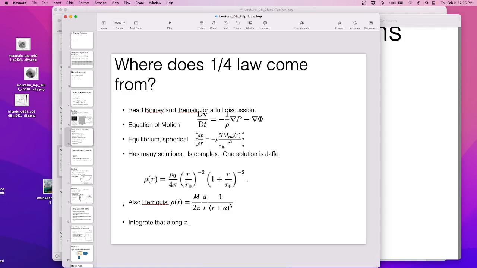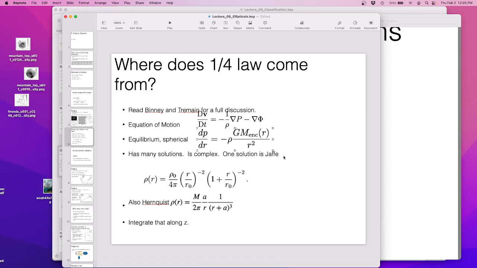This gives me an equilibrium. If dv dt is 0, then I can just rework this to get a pressure equilibrium. And this has a bunch of solutions. So this expression here is actually important. dP dr, the pressure gradient, is equal to minus rho times G times the mass enclosed over r squared.